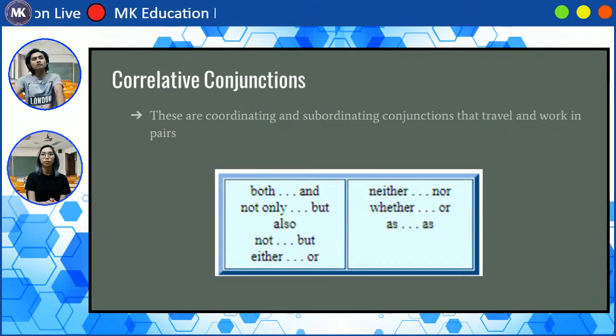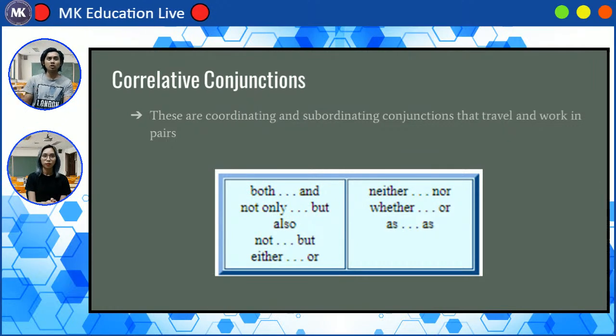So the correlative conjunctions are just your coordinating conjunctions and your subordinating conjunctions that travel and work together in pairs. So these are two conjunctions in one sentence that work together to convey an idea. Some examples are both and, not only but also, not but, either or, neither nor, whether or.